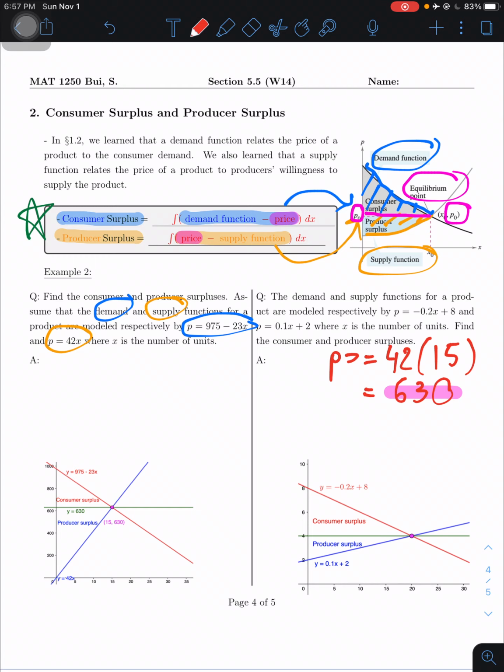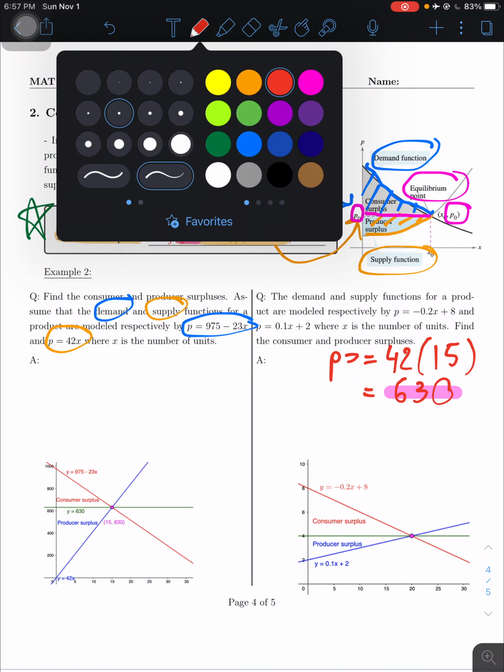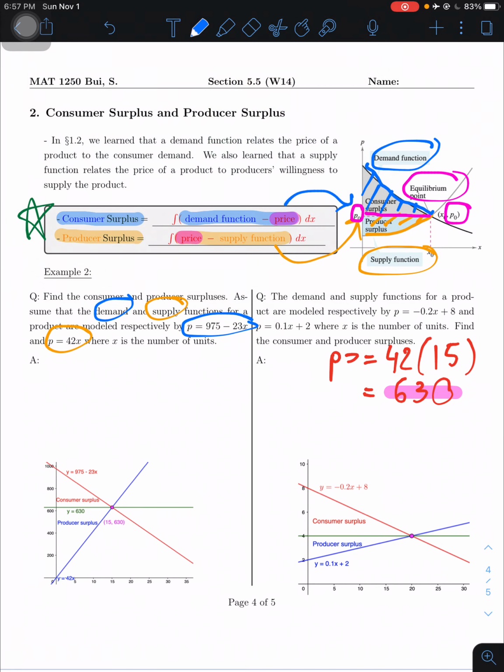Okay, so we're talking about business in here. So consumer surplus, let me do it in blue. Consumer surplus equals the integral going from 0 to x, and our x in here is 15, right? So let me use, I don't know, pink for it again. 15.